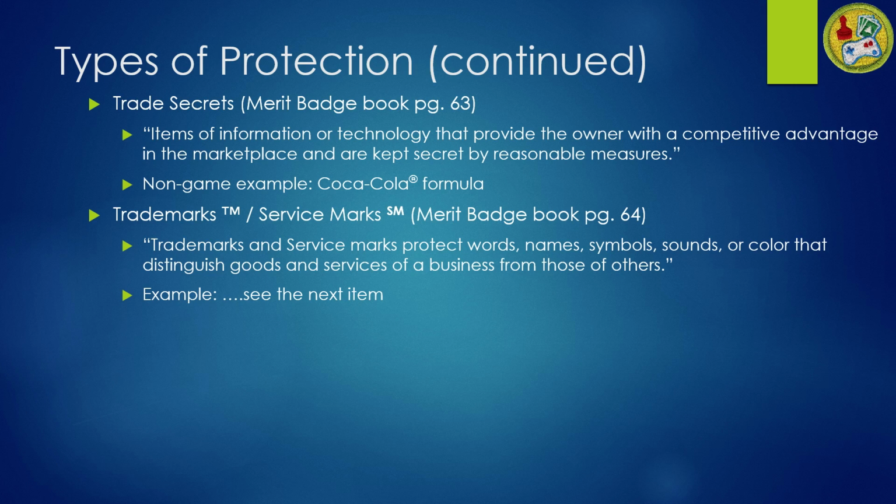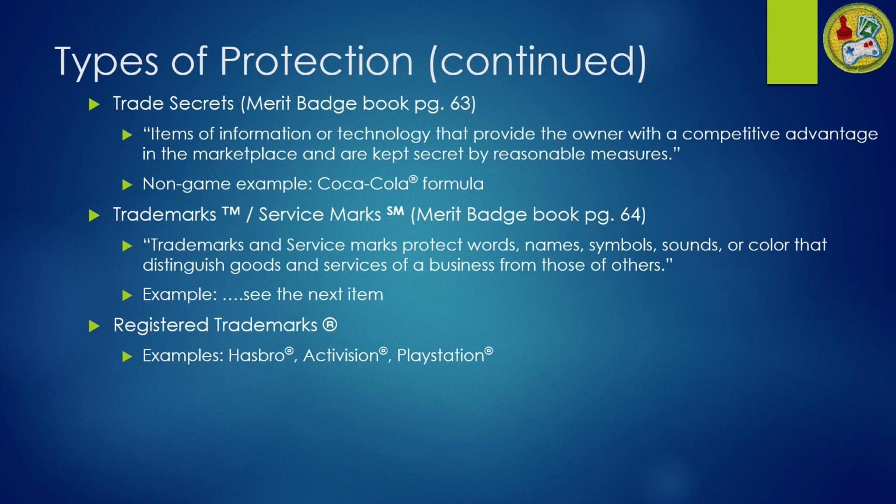As for an example, well, let's look at the next item to explain this. There's another form of trademarks called registered trademarks. Let's start with some examples of registered trademarks in the game industry. We have company names like Hasbro and Activision, and the console name PlayStation.